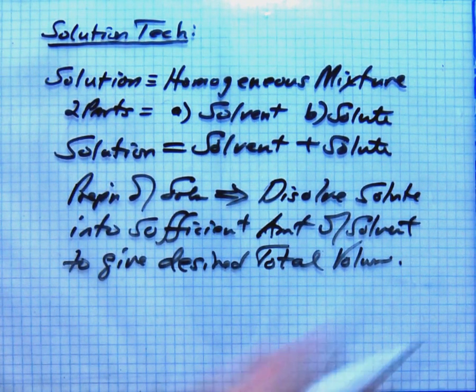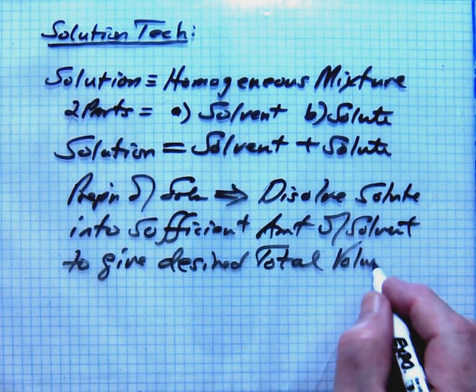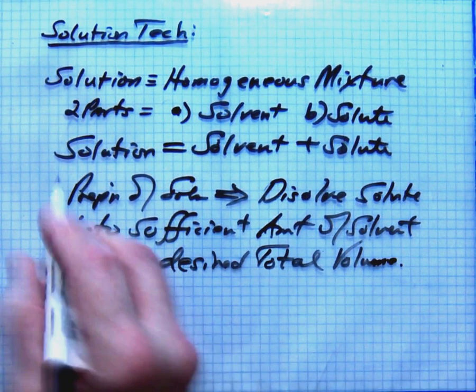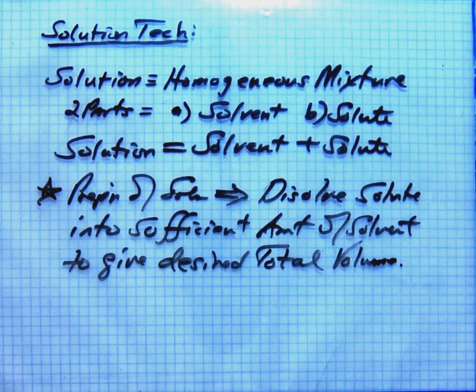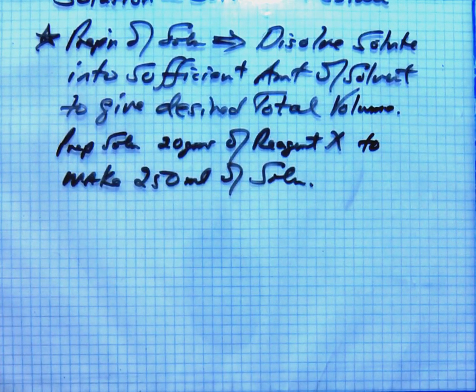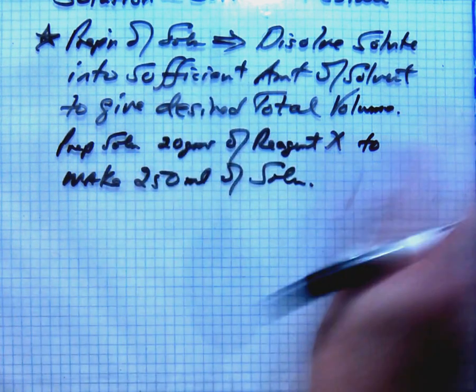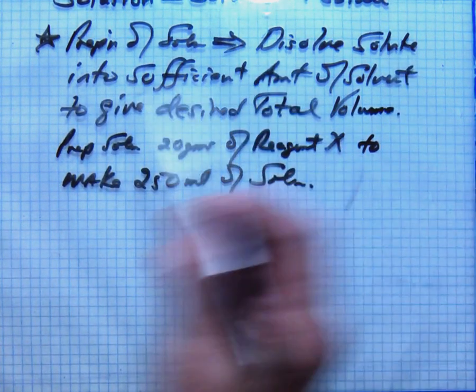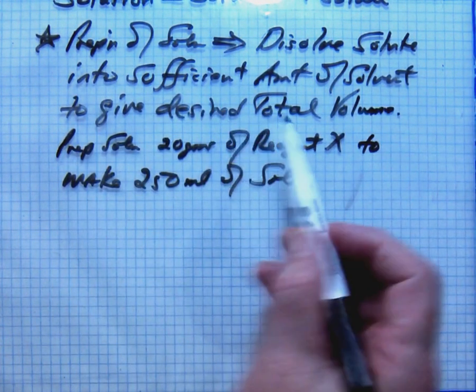That last word says volume, believe it or not. Okay, we're going to prep a solution here. We're going to dissolve solute into a sufficient amount of solvent to give a desired total volume.